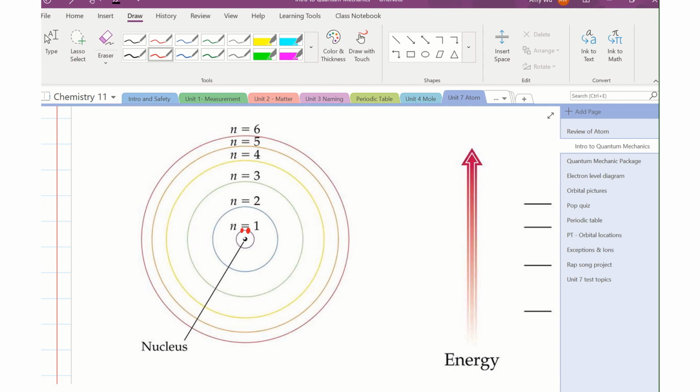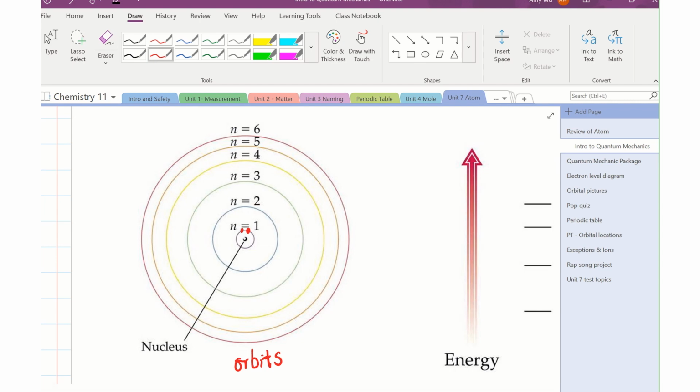When we talked about Bohr's model, you think about electrons going around the nucleus in different orbits. Here we have orbits, right? It's not orbitals, that's something we'll get into a bit later. But orbits: first shell, second shell, third shell, and so on, like different energy levels.